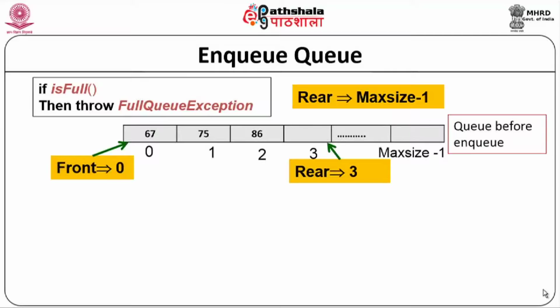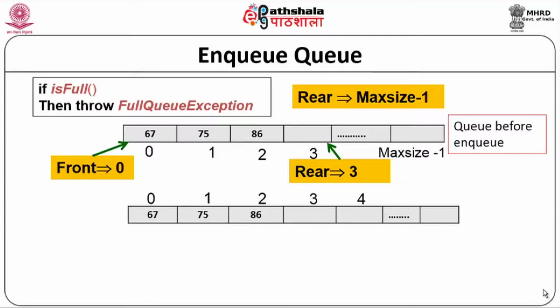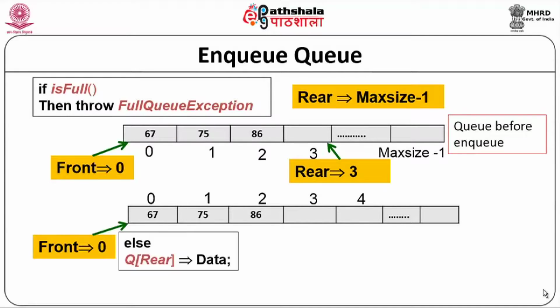Then what do you do? Now, this is the queue before the NQ operation. Look at this, how many elements do you have in the queue? You have 3 elements in the queue. The front is pointing to 0 and the rear is pointing to one location after the end of the queue, so it is pointing to 3. This is the initial position before the NQ operation happens. Now, front does not change.